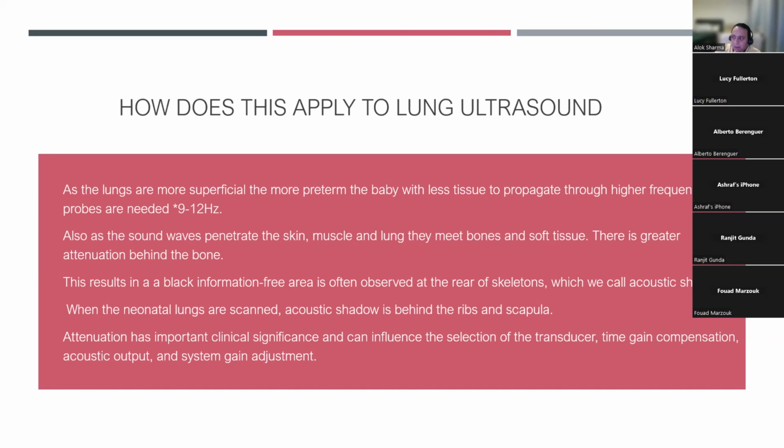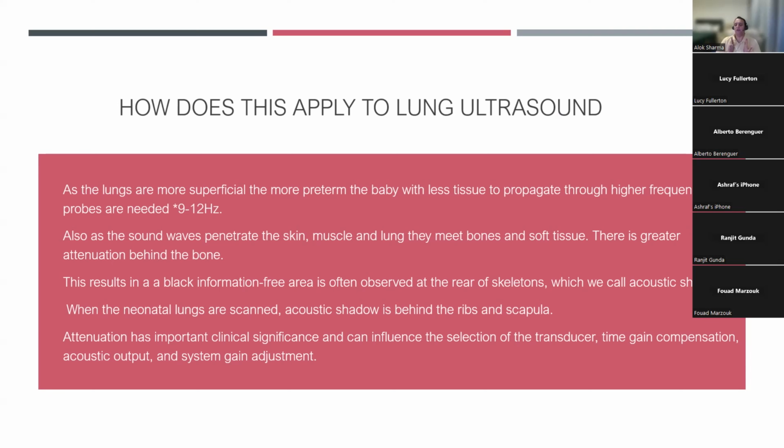What is also very important is that sound waves, when they hit bone, will reflect back, and the areas behind bone, behind ribs, behind the scapula, will give you very poor information because of acoustic shadow. Now, this is very important, and I'd like you to look at me in the screen. A simple example is if I'm holding a probe in the rib area and I'm trying to do an ultrasound, we have scanning that is vertical and scanning that is horizontal.